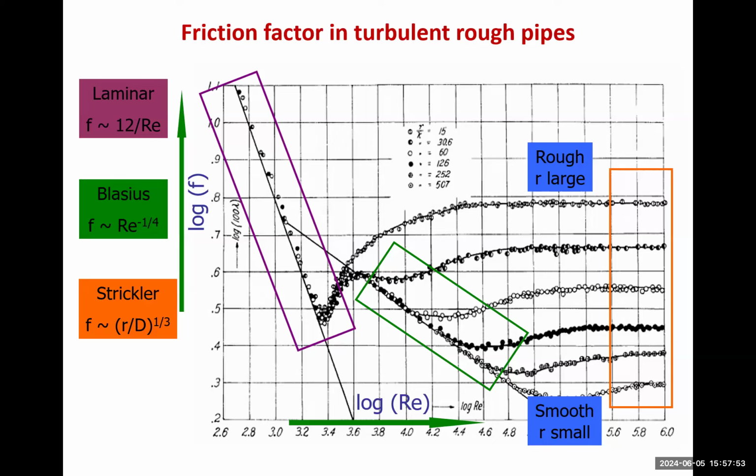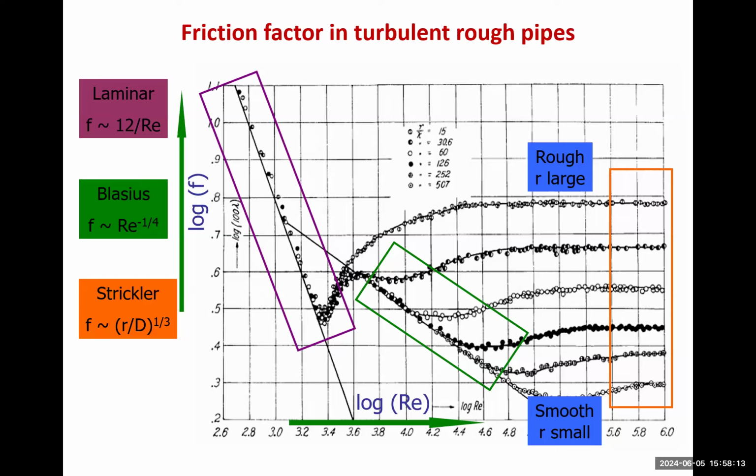What he found was that the smoother the pipe was, the smaller was the friction, just as you would expect. And then they discovered that the value here as a function of Reynolds number doesn't depend on the Reynolds number, but it does depend on the roughness, and it goes like the roughness over the pipe diameter to the 1/3.